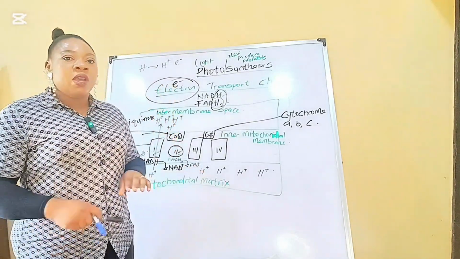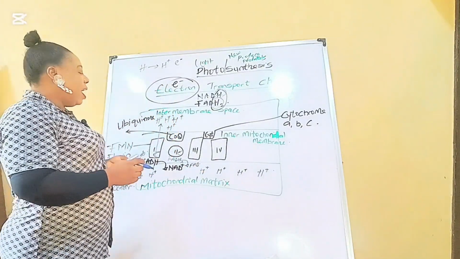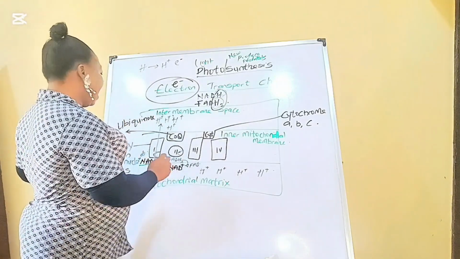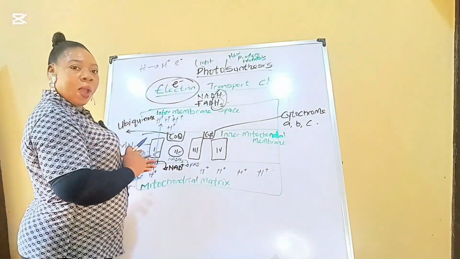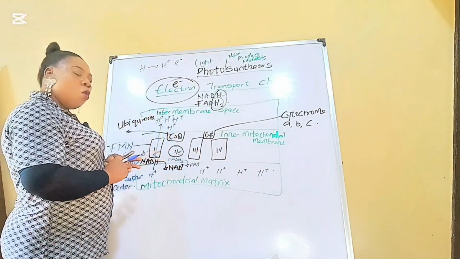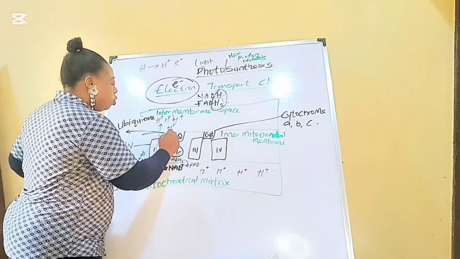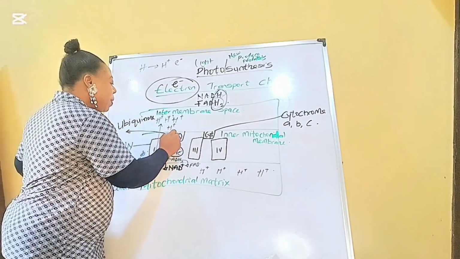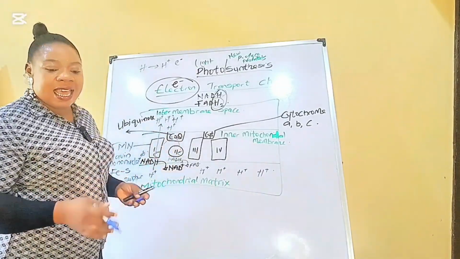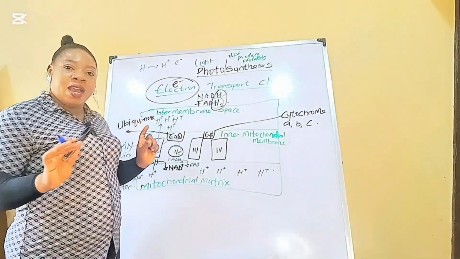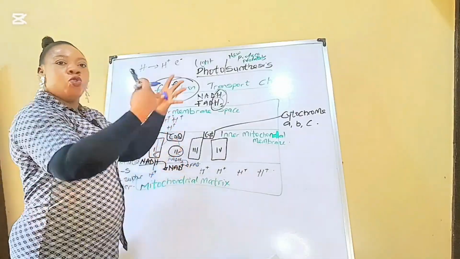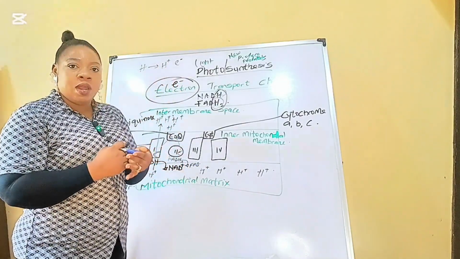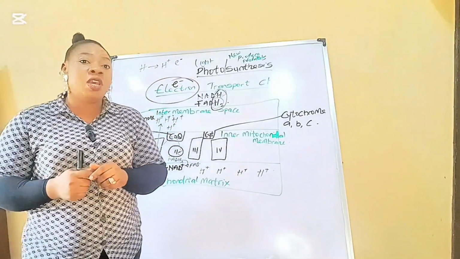intermembrane space. So now, moving on, the electrons in complex 1 and complex 2 will both enter into ubiquinone. This one is just like, let's say, a collation center. Its work is just to help us collate these electrons. It is able to do that because they are lipid soluble.